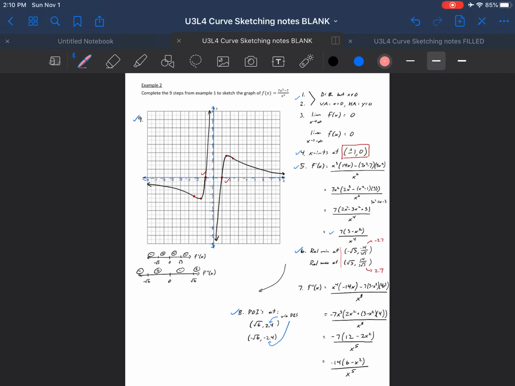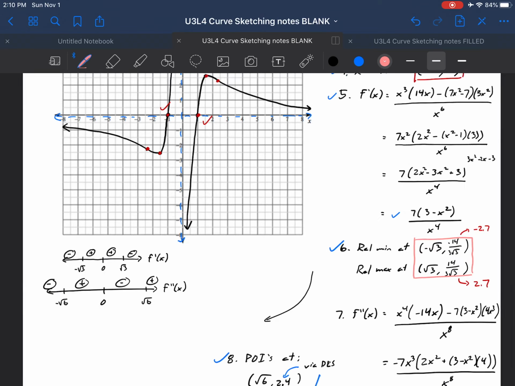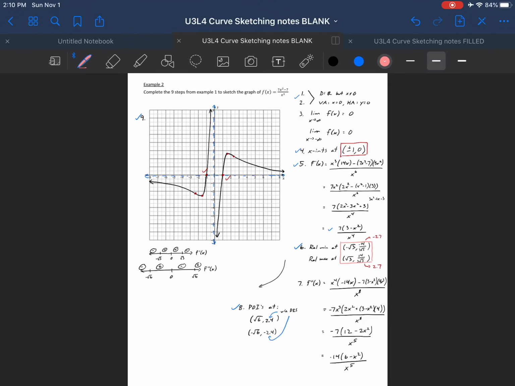They're right here. Don't want to box them out. I want to be able to see them. Okay, so there's our exact and then approximated values. So those were, there's the relative max and there's the relative min. And then finally we had our points of inflection. Let's do like a green for that.